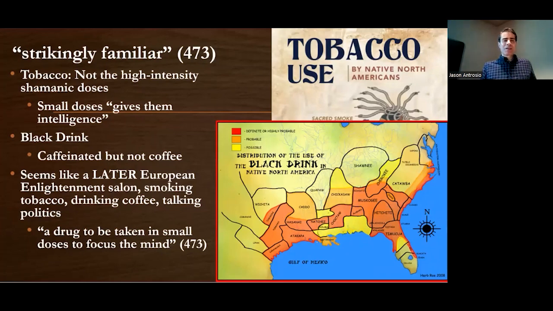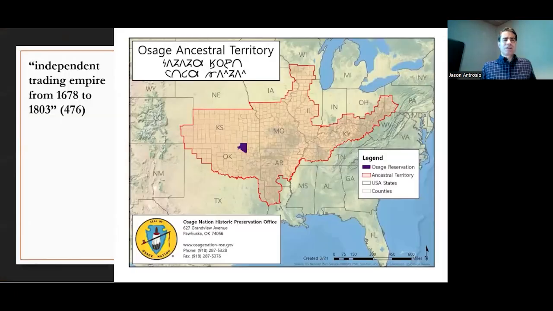All right. So they also talk about the Osage. And we all know from Oklahoma that what is now the Osage Reservation is a smaller part of a much larger territory.